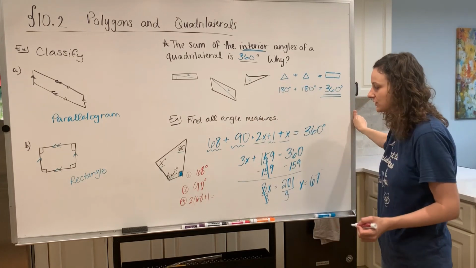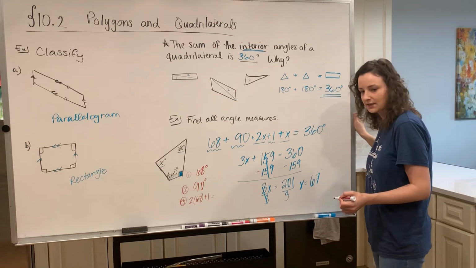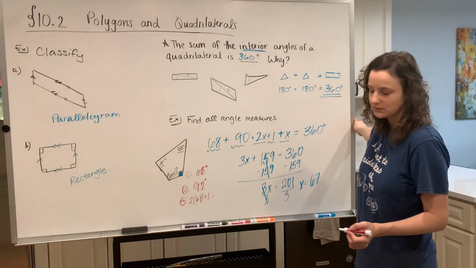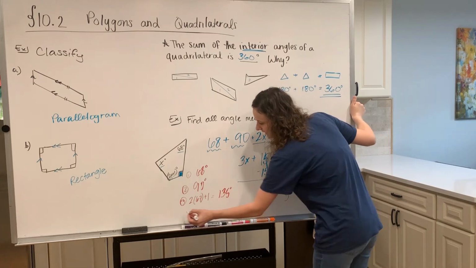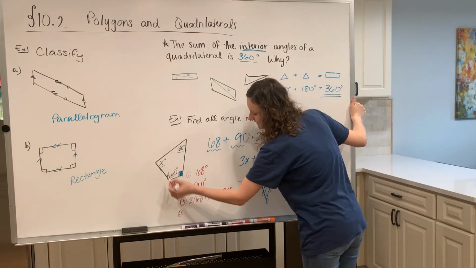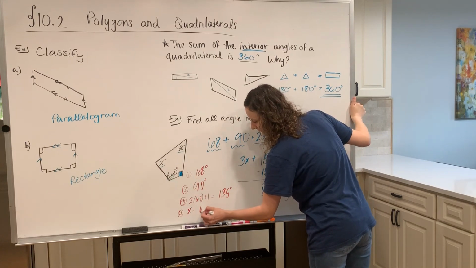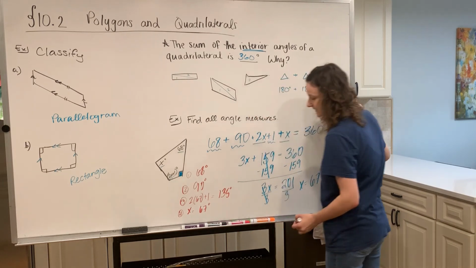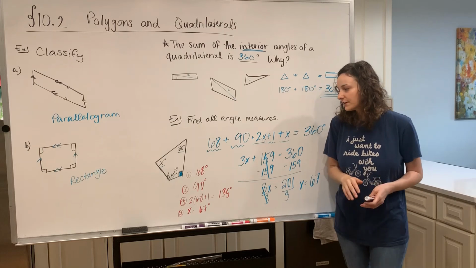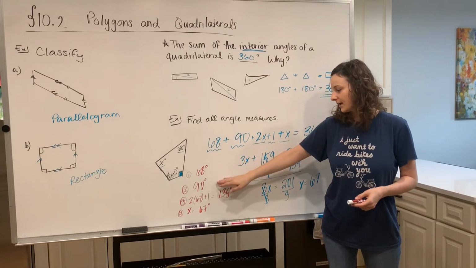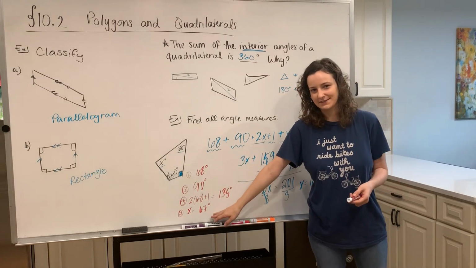Okay. Well, 2 times 67 is going to be 134, plus 1 is 135 degrees. And our last angle up here is x, and we already know x here is 67, so the last angle is 67 degrees. Therefore, the angle measures for this quadrilateral are 68, 90, 135, and 67.